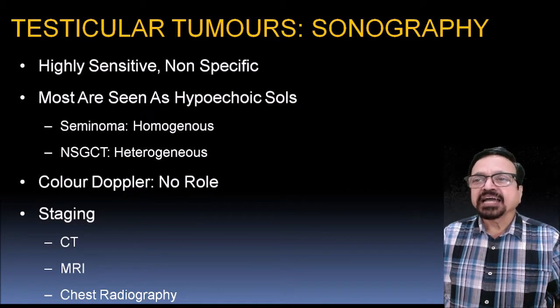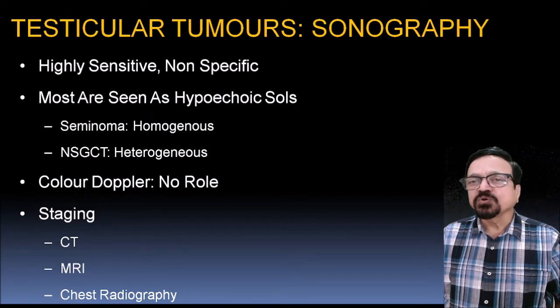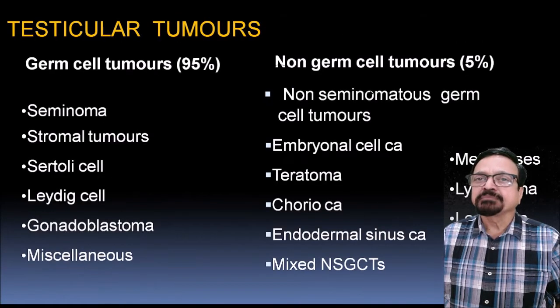Most of them are hypoechoic SOLs. The seminomas are homogeneous, then NSGCTs are heterogeneous. Then color Doppler has no role as far as differentiating or diagnosing them is concerned. It can detect it, but further it has no role. For staging we use CT, MRI, or chest radiograph can be taken just to know the metastasis.